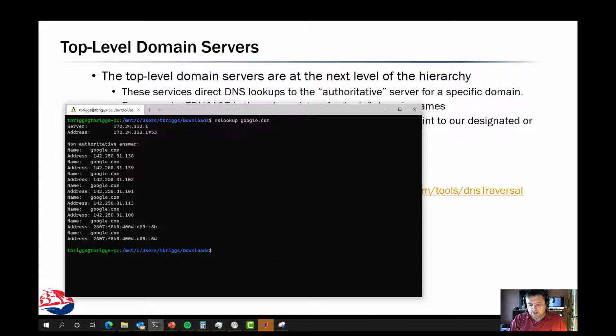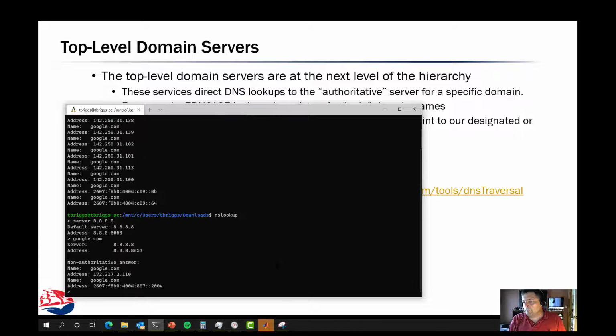What's really interesting is NSLookup allows you to mess around, and for instance, we can say I want to use a different name server. So I think it's Google that maintains the 8.8.8.8 name server. So if I type in google.com here, now I only get one answer, and it says it's non-authoritative.